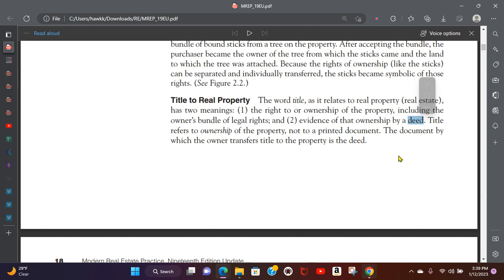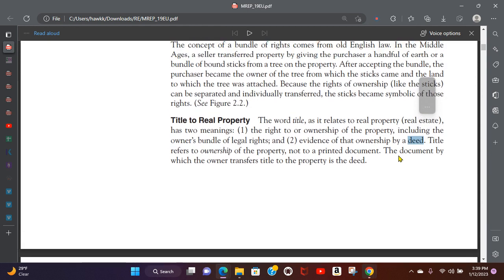Title refers to ownership of the property, not to a printed document. The document by which the owner transfers title to the property is the deed.